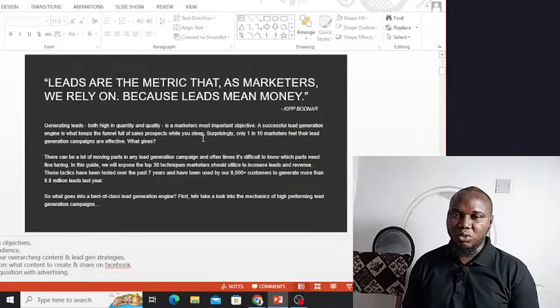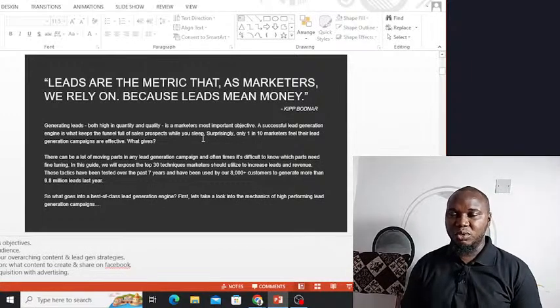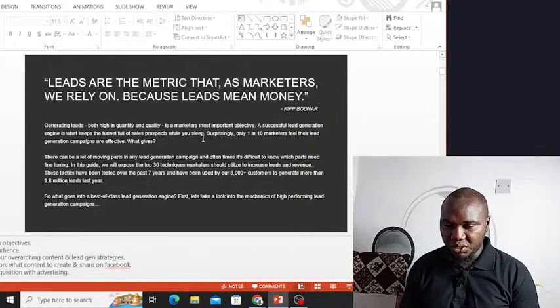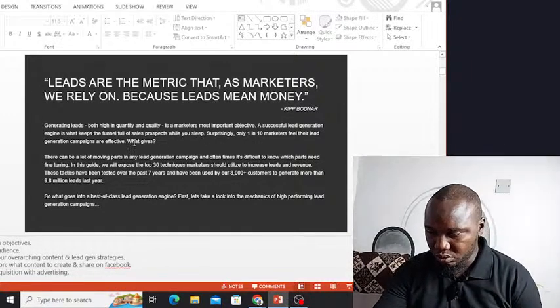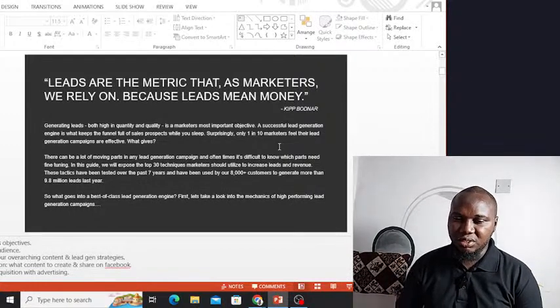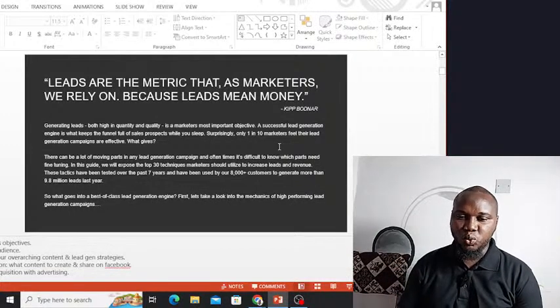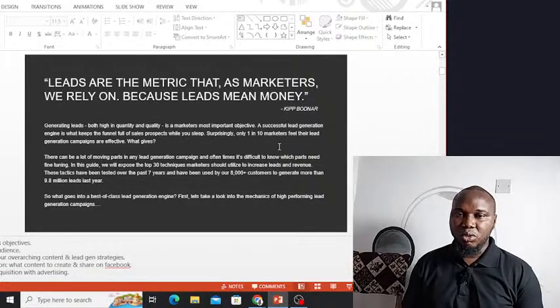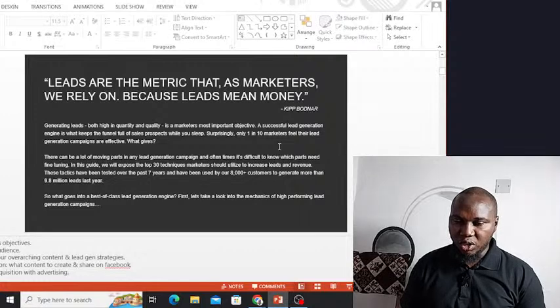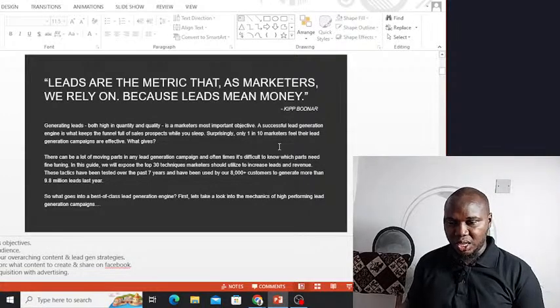And when we sell, the business has cash flow for us to retain our business growth. So a successful lead generation engine is what keeps the funnel full of sales prospects while you sleep.